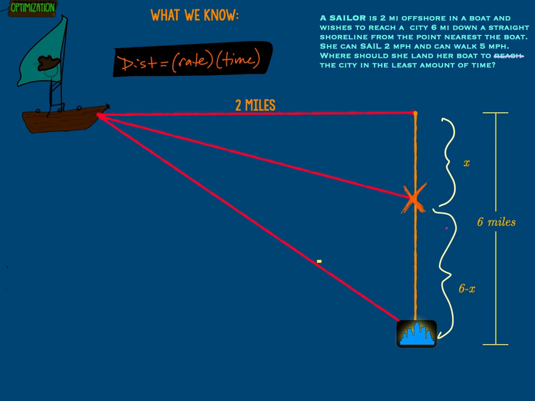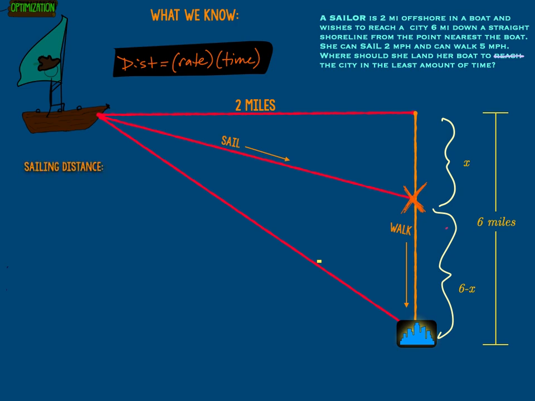And from the point where she lands up to where it would be a straight shot into the land, that's going to be x. So that's how we can break up that 6 miles. So that line right in the middle there, that's where she's going to be sailing in, and then she's going to walk the rest down there.